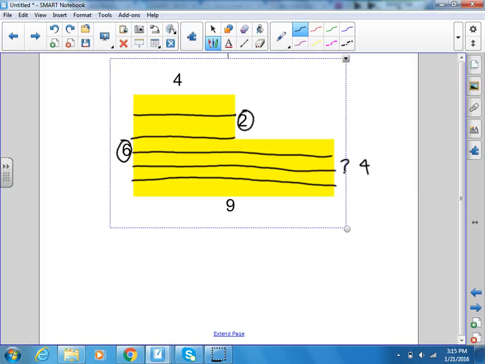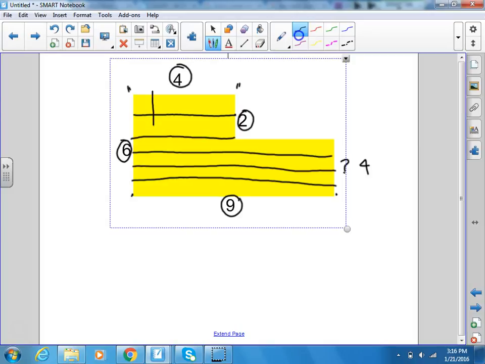Now we're going to do the same thing for our columns. This 9 says that from here to here there have to be 9 columns. This number here tells us that from here to here there should be 4 columns.